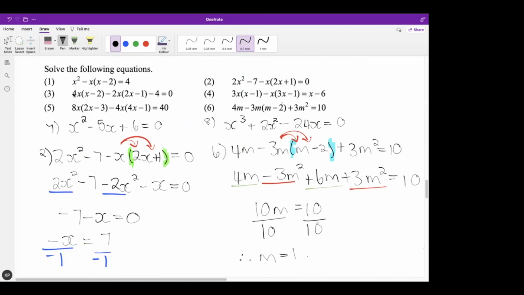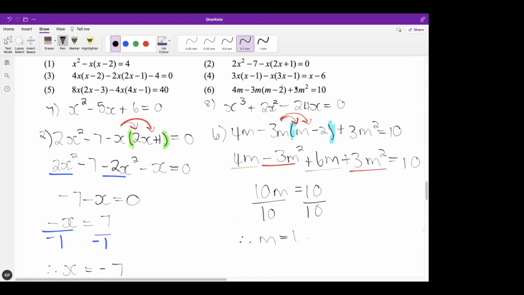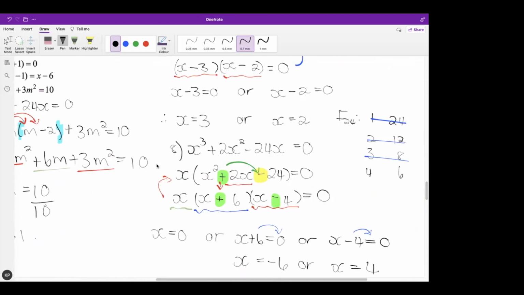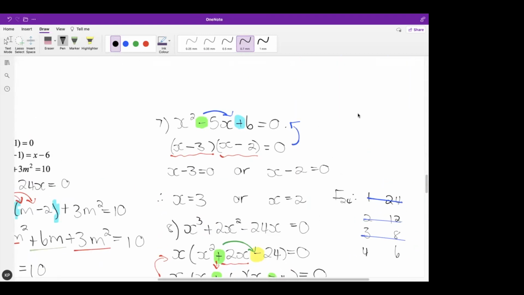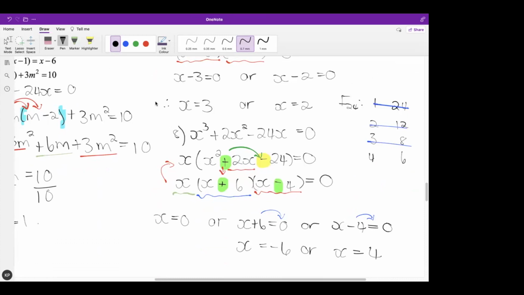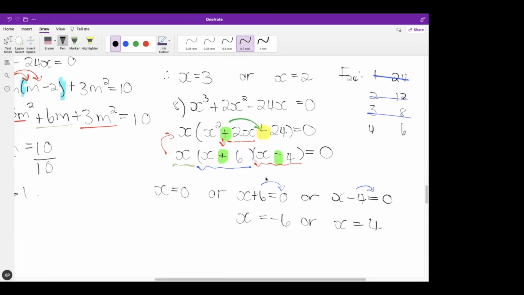Do you guys see where I'm going with this? Let's move on to the one with the squared. Number 7 had an x squared, and I ended up with how many solutions for x? 2. And so number 8 has an x cubed, and how many solutions did I end up with?